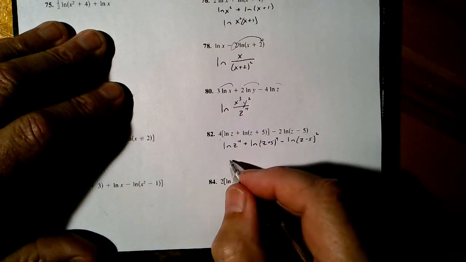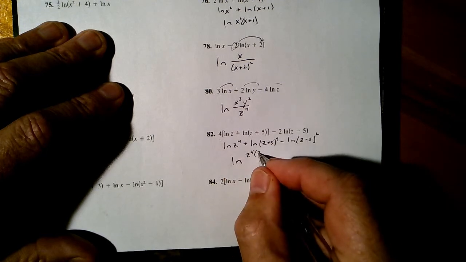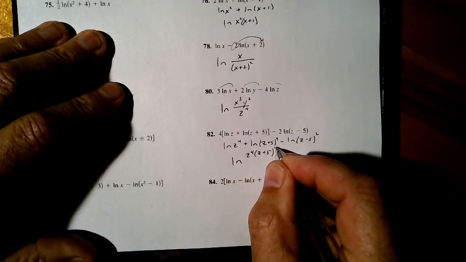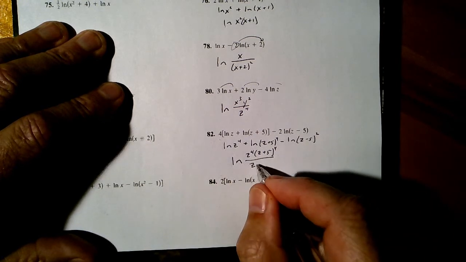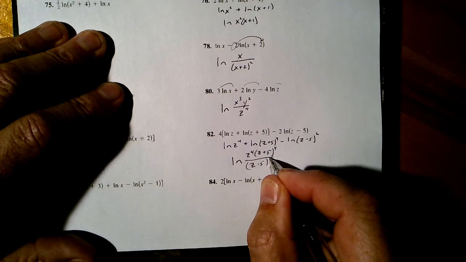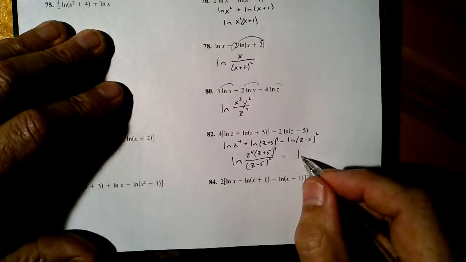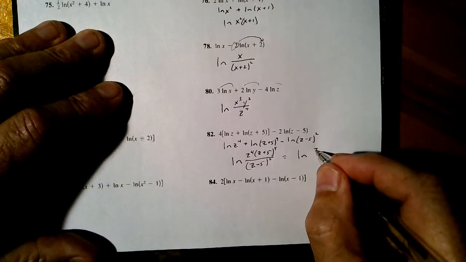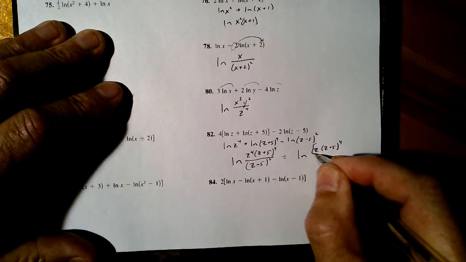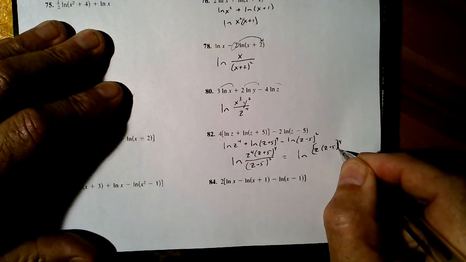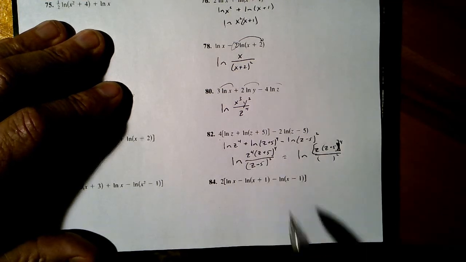And now I have a sum, so 1 big ln z to the 4th, z plus 5 to the 4th, all on z minus 5 squared. That's a minus. Now, understand the book might have this as 1 big ln. They might have it as z times z plus 5 to the 4th, all to the 4th like that. They might have it that way, but this is fine.